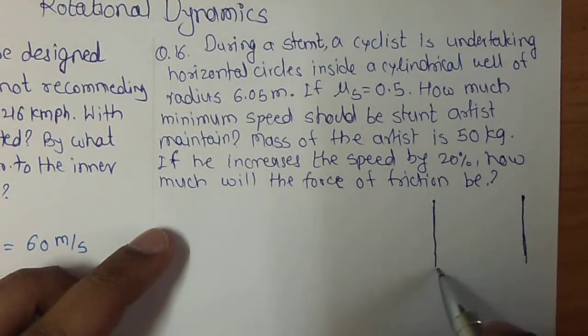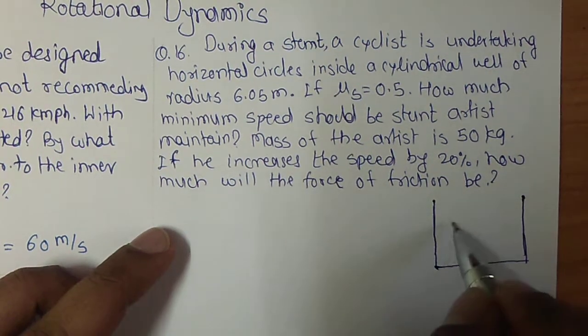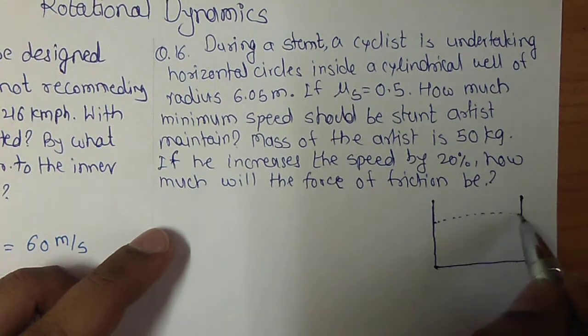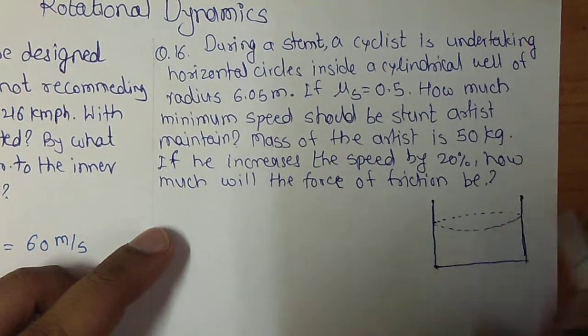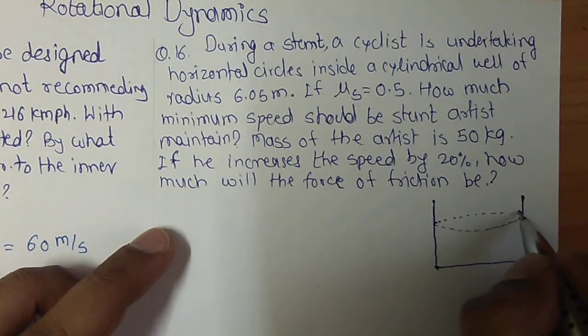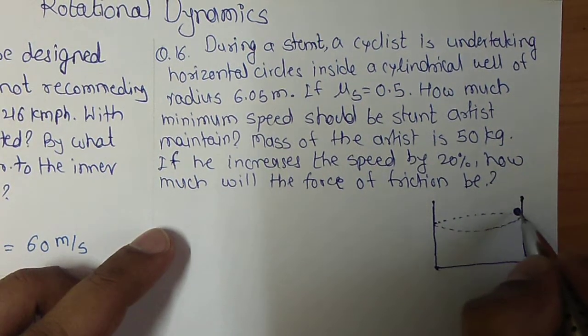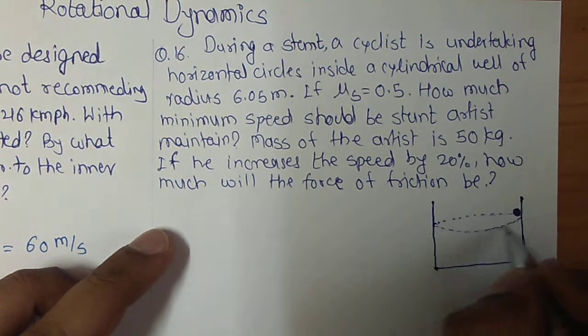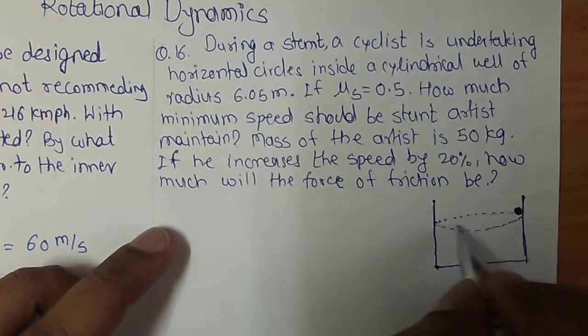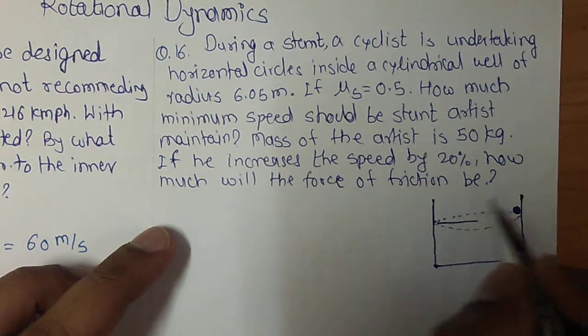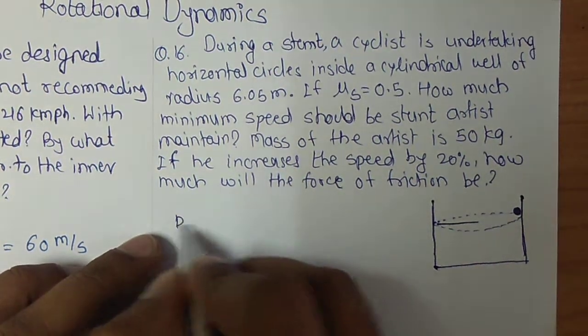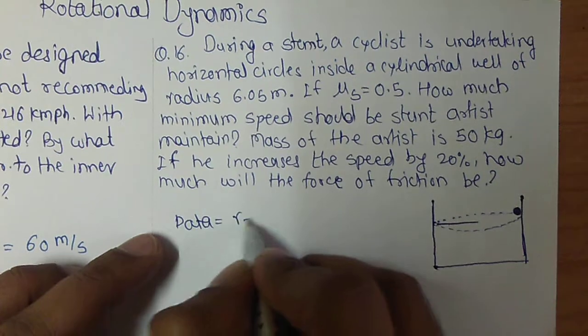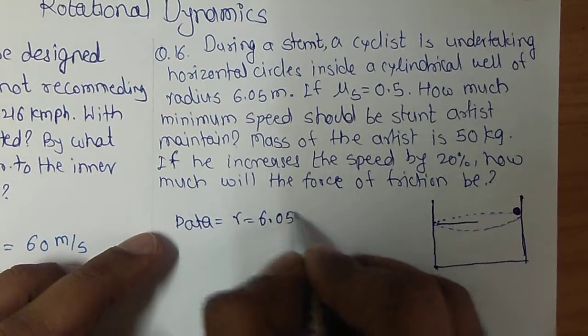So what is happening? This is the well, at a certain height. Now the cyclist, I will consider the cyclist as a particle. This cyclist is moving along a circular track. Okay, now the radius of that particular well is, so what will be the data? So radius is 6.05 meter.